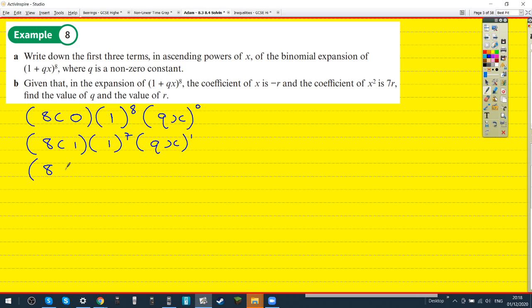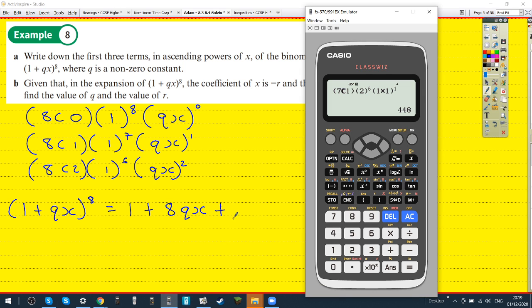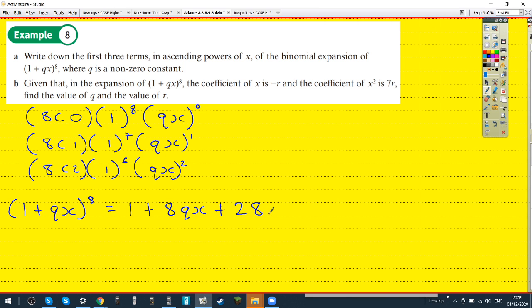So you just find the x squared one. It's 28. It's the last one. And so that'll be 28q squared x squared.